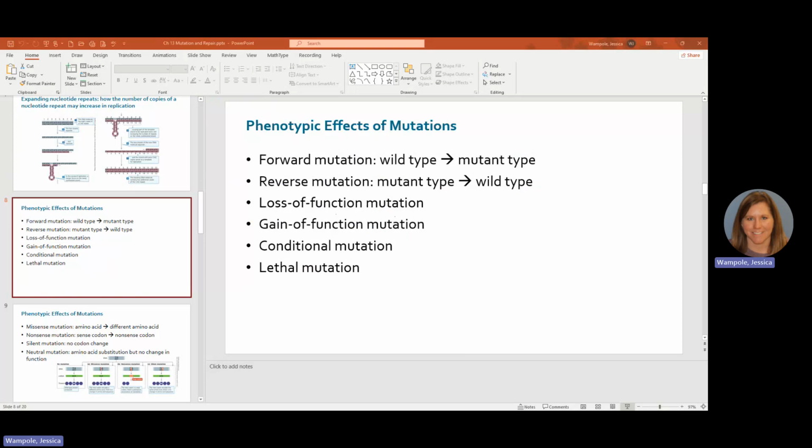Then on the newly synthesized strand, you're going to lose a base pair. So this is where we get the deletion. Instead of having 5 on the original strand, we're only going to have 4 on that daughter strand.